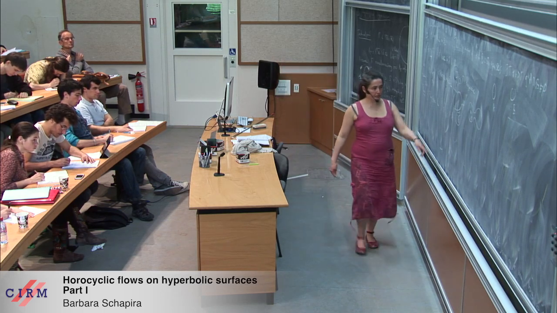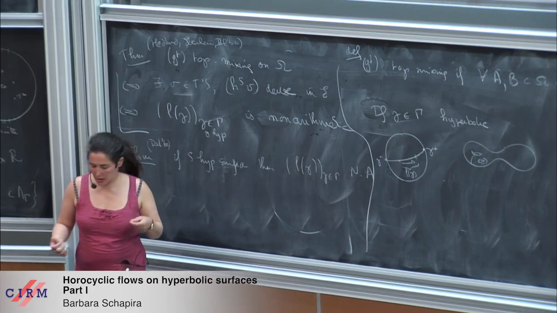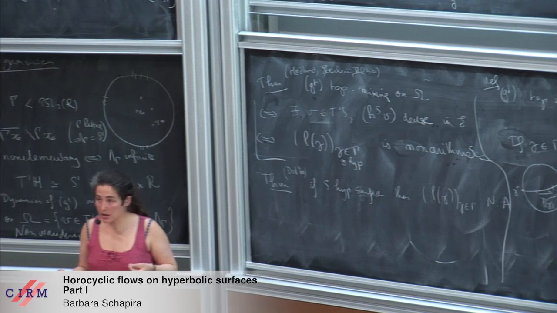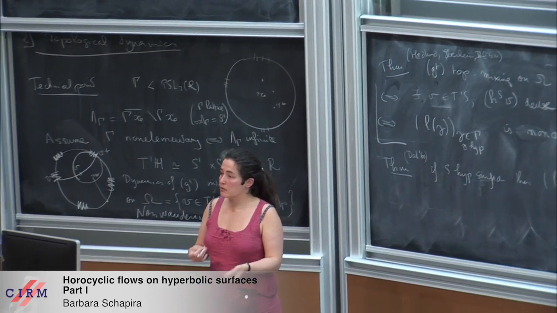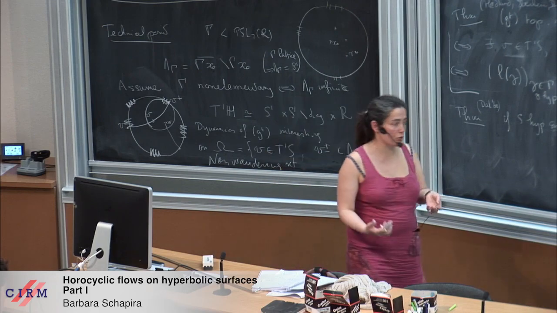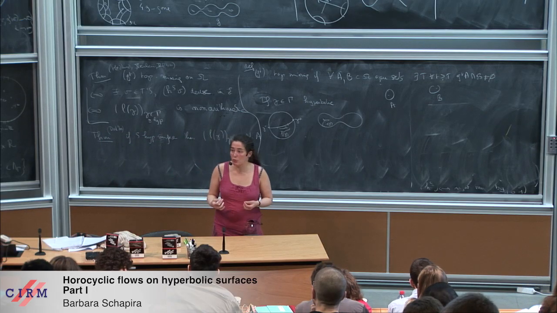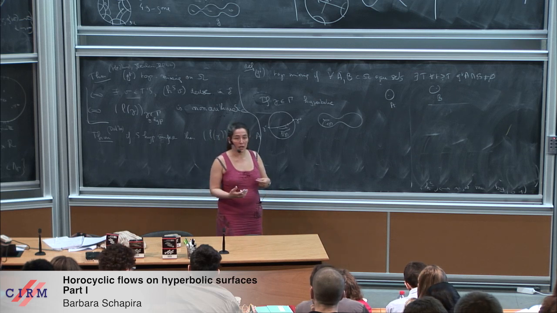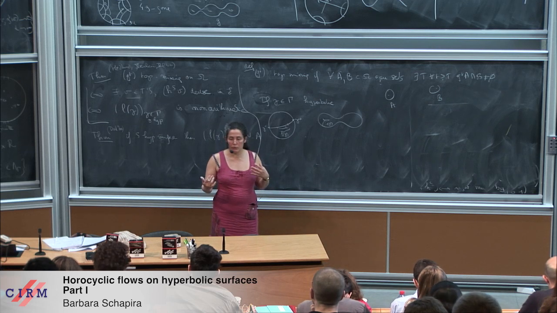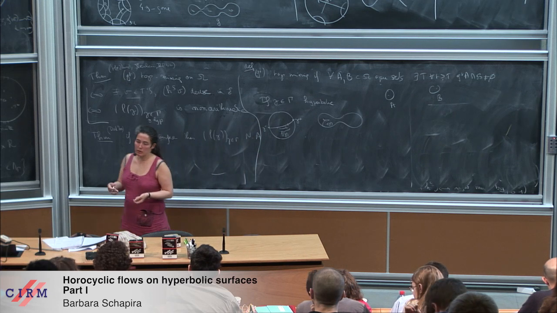And saying that the length spectrum is non-arithmetic means that you look at all the lengths of these periodic orbits. They are real numbers, and you look at the group generated by these lengths. So it's an additive subgroup of R. You of course know that all subgroups of R are either closed or dense.